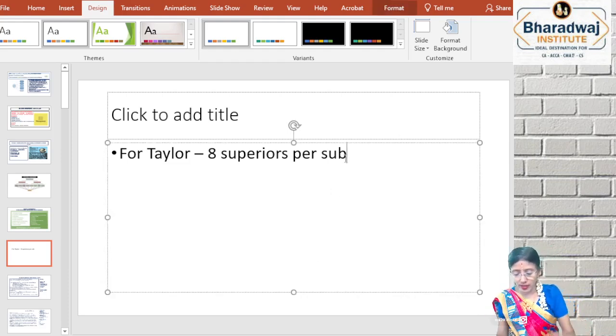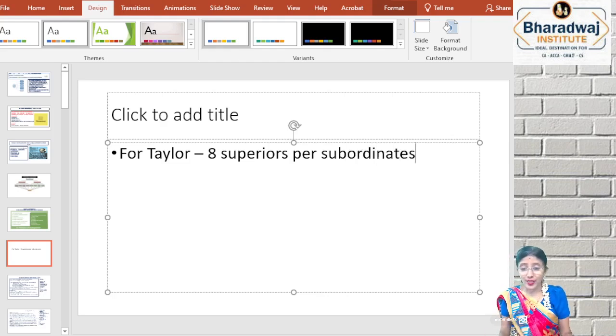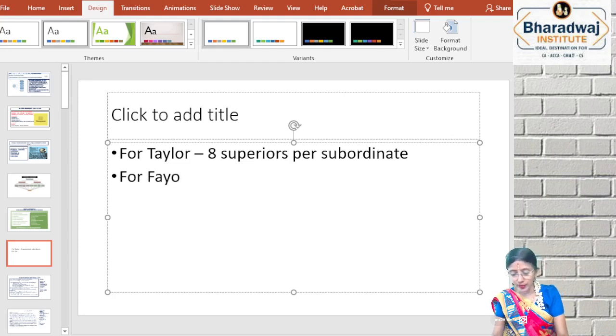So yes, Nitish, you got it now? Yes. 8 superiors per subordinate is Taylor, and this is one expected, repeated favorite question of the examiner. And in Fayol it will be 1 superior, 1 subordinate. Please remember that point very well. 1 superior, 1 subordinate.